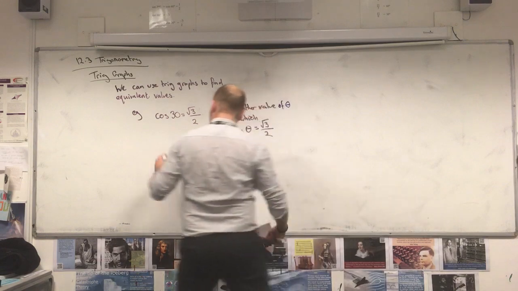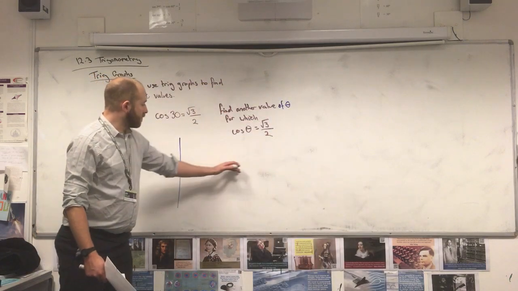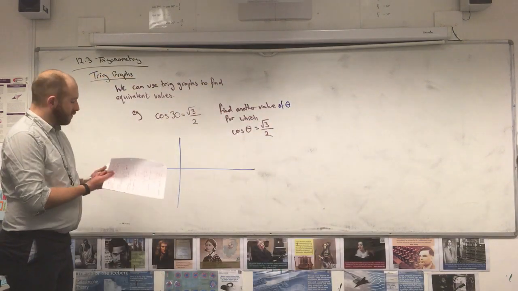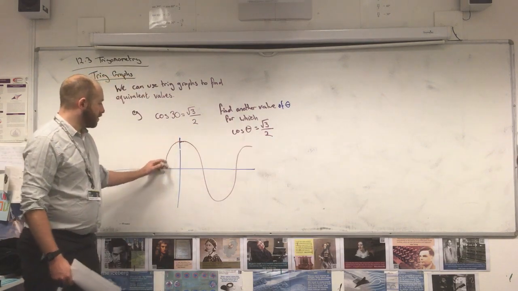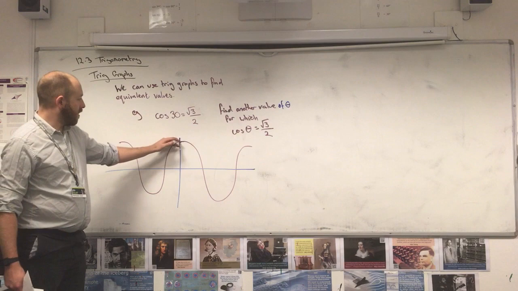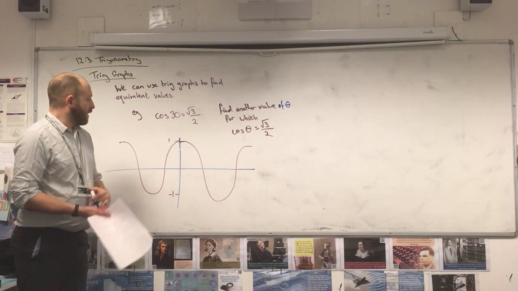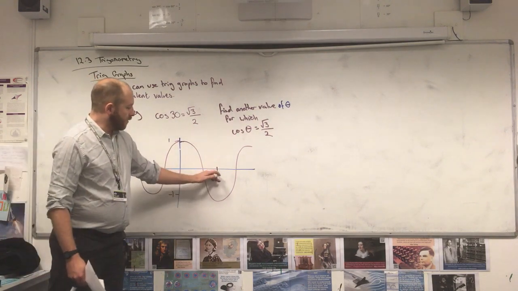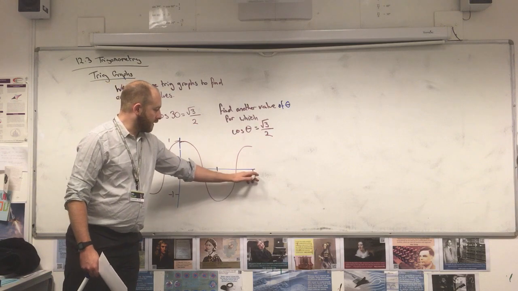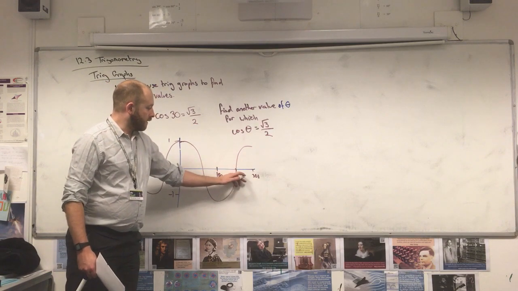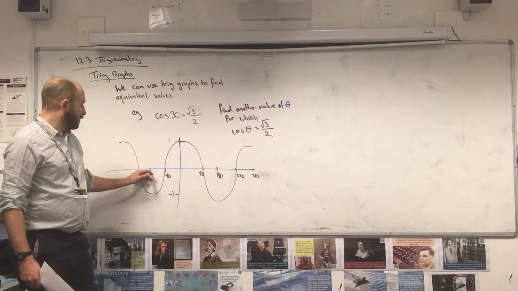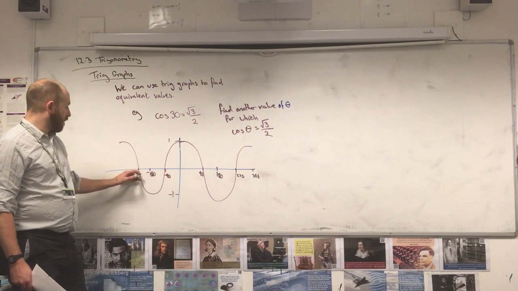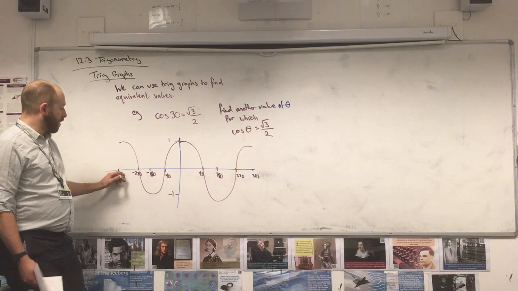So the way we're going to do this is to sketch cosine. And remembering 180, 360, 270, 180, minus 180.